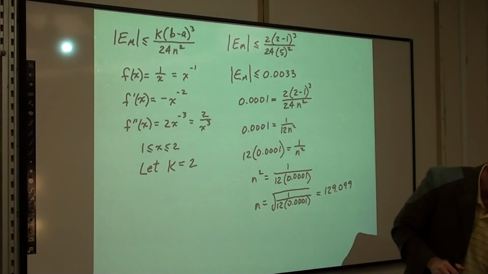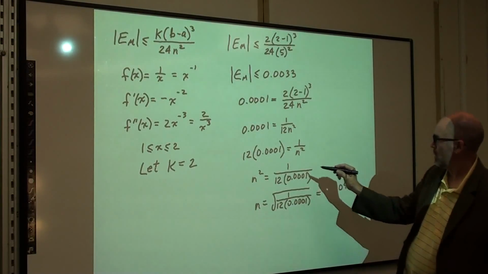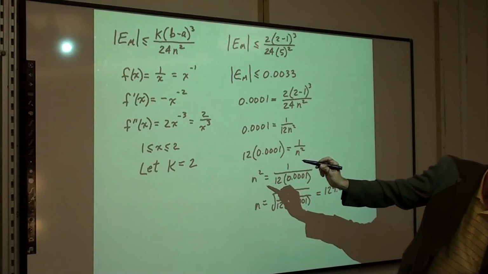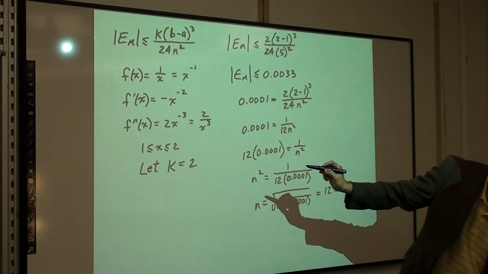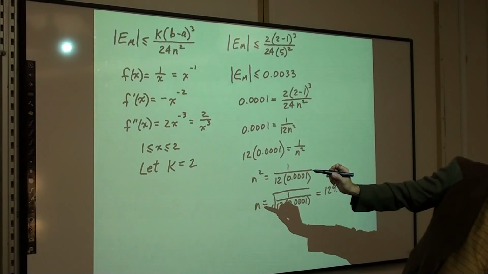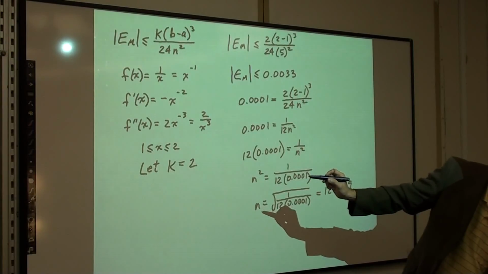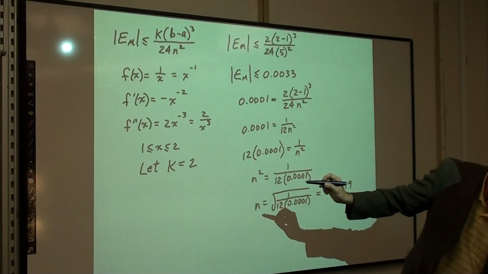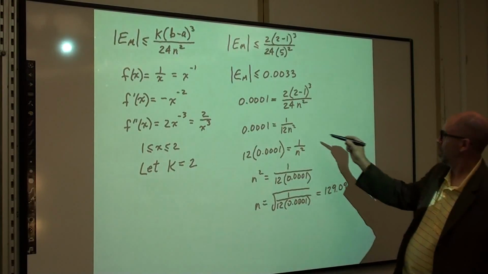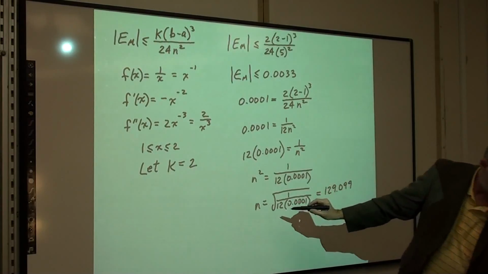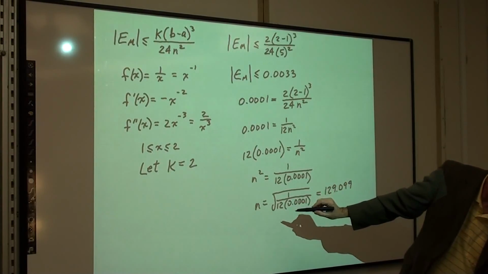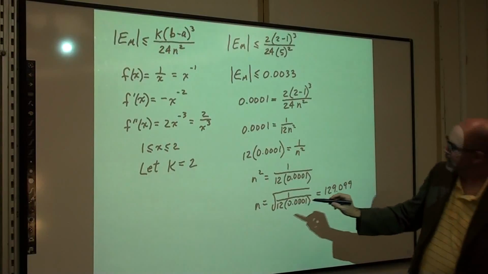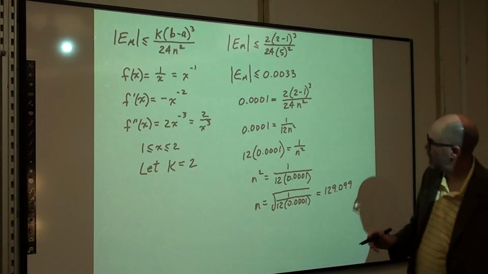2 over 24n squared, which is 1 over 12 n squared, let's do that again.